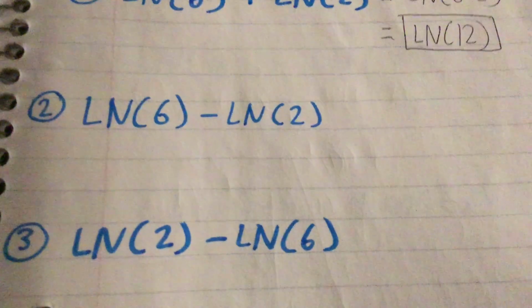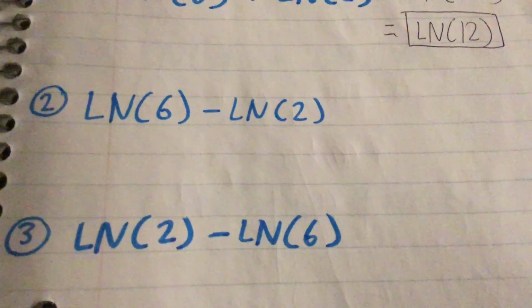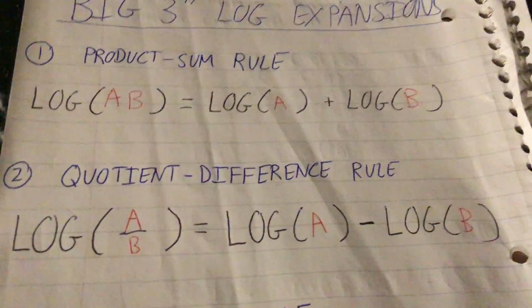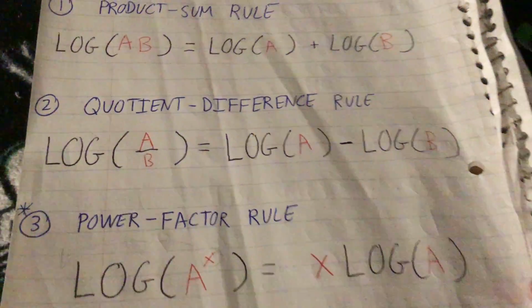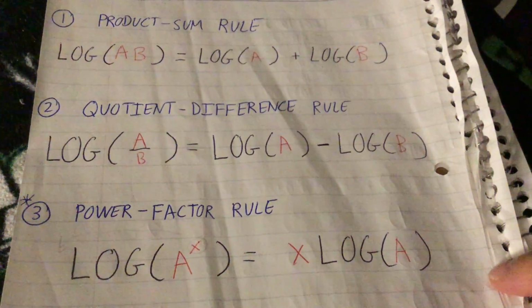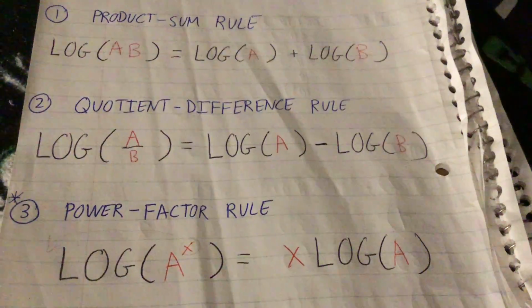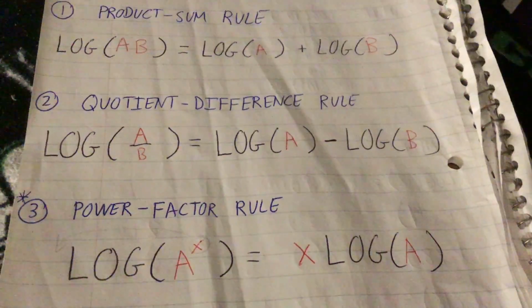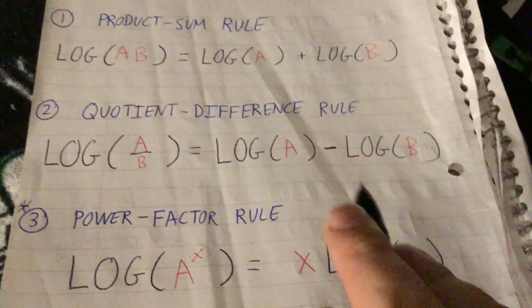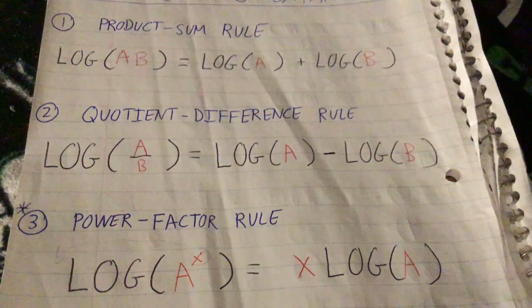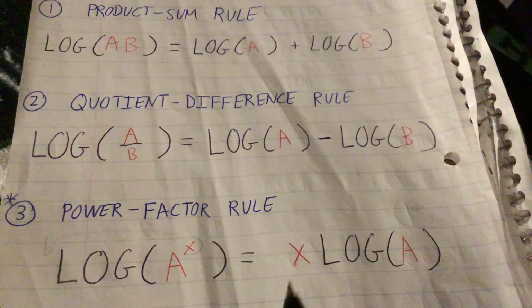ln of 6 minus ln of 2. Well, it's subtraction. Okay, I refer back to my big three rules. Which one talks about subtraction of the same log bases? What happens when I expand them with subtraction? I can put it together as a division problem inside of a logarithm.